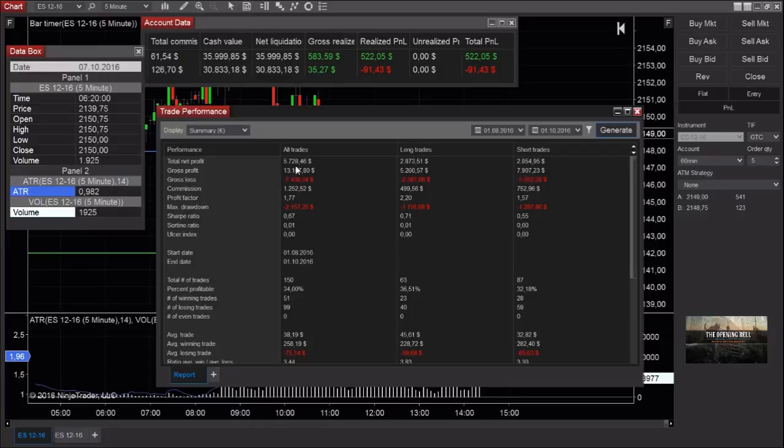We have a total number of trades, 150. Profitable is only 34%. That is not much, but I can tell you that break-even trades, the trades where we put our stop to the same price where we entered, so we got out of the market with no loss, no profit, only we paid $4 commission for the round trip.